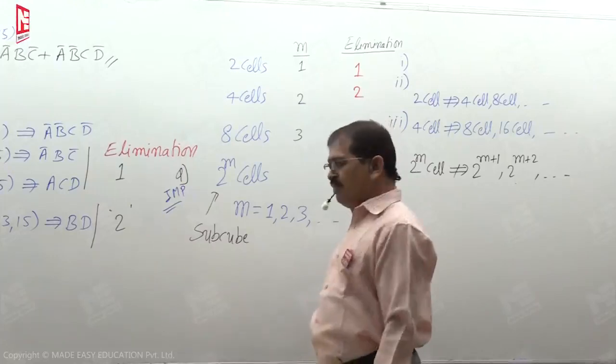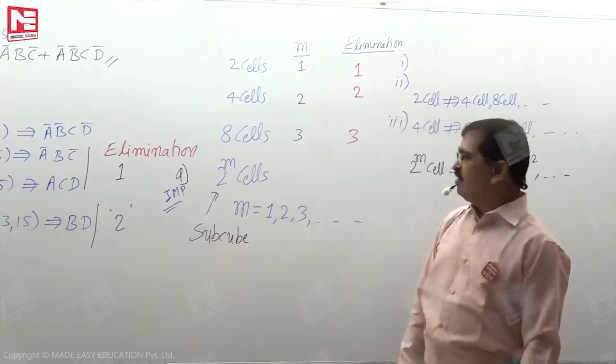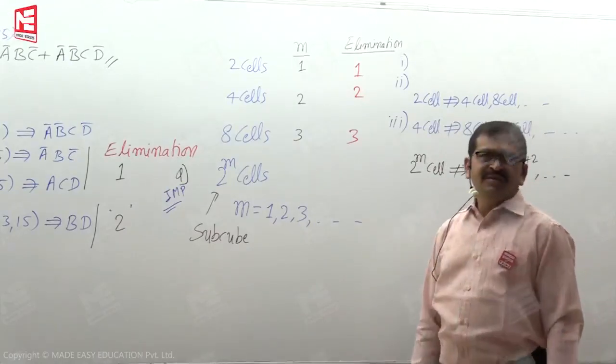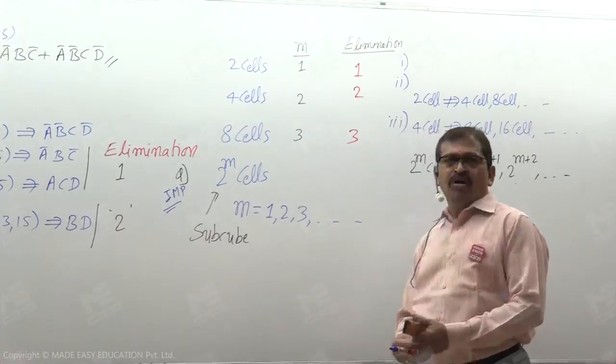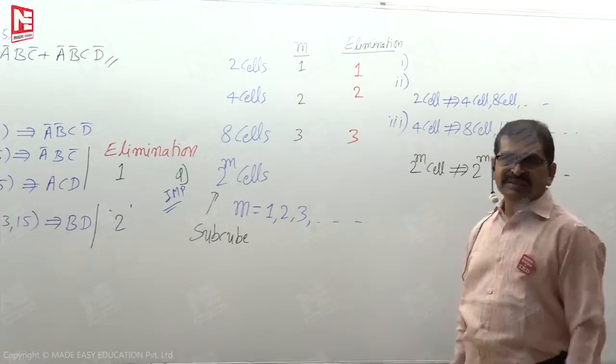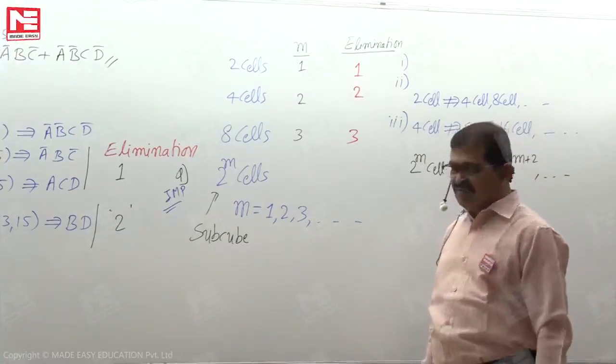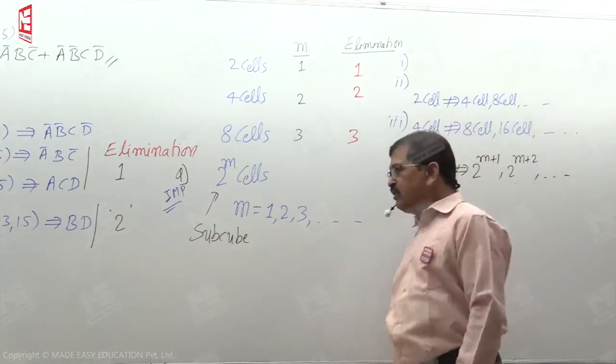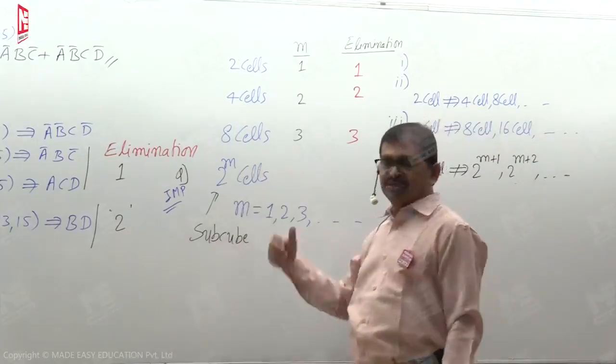In a function of n variables, consider a possible subcube of 2 to the power of m cells.